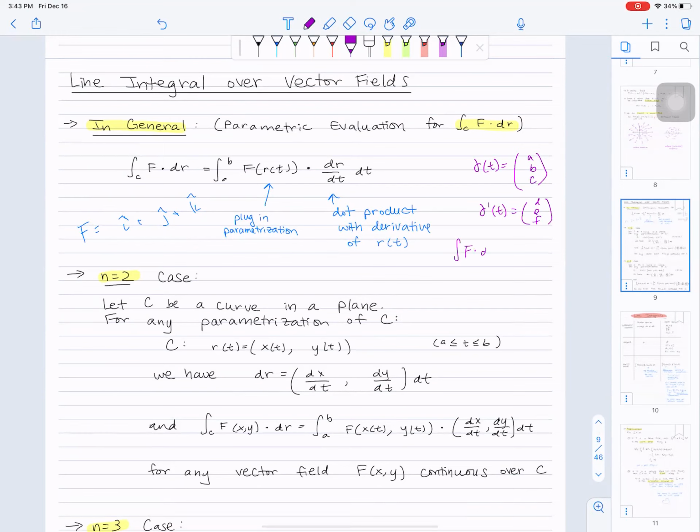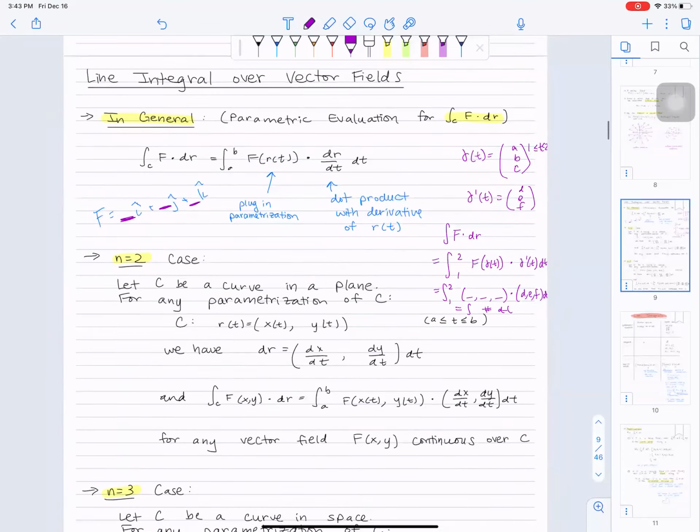My integral of f dot dr is going to equal, where my parameterization t goes from, I don't know, 1 to 2, the integral from 1 to 2 of my function with my parameterization plugged in, dotted by the derivative, dt. My function should be some i, some j, some k, so some vector with 3 components. My derivative is d, e, f dt. And so I get an integral of some number dt. So that's how this type works in general.